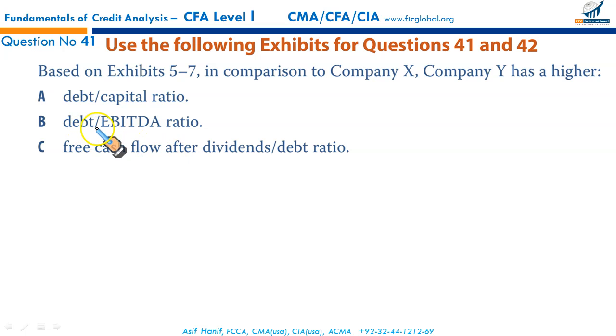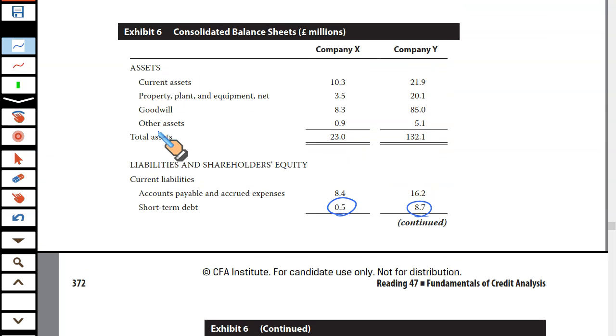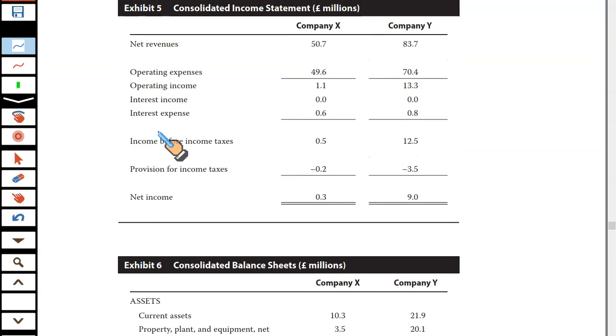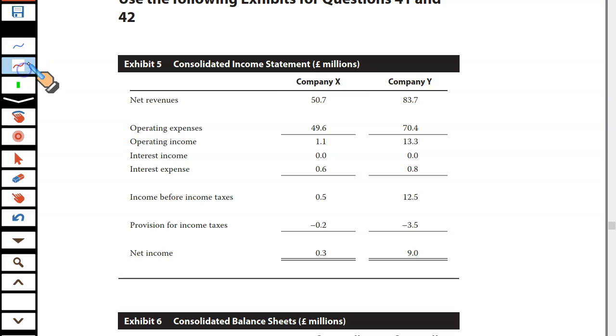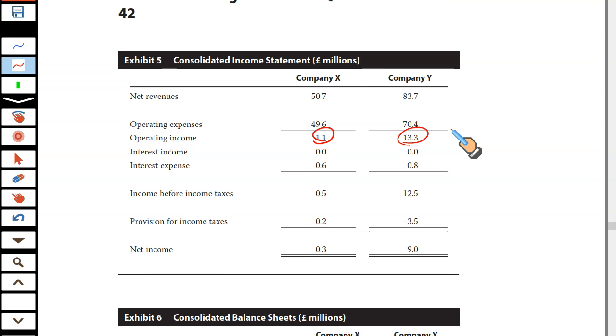Next we need to find the debt upon EBITDA ratio. So we have the numbers for debt, but we have to calculate EBITDA for both X and Y. For that we need to come back to your income statement. Right here we have our operating income. To this operating income we need to add back depreciation and amortization, as operating income is already before interest income. So we just need to add two numbers, depreciation and amortization. Let's see what we have for depreciation.